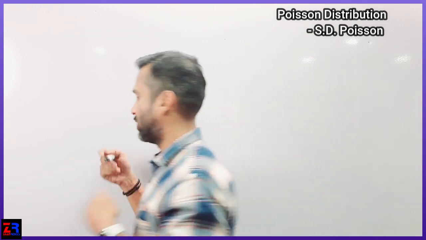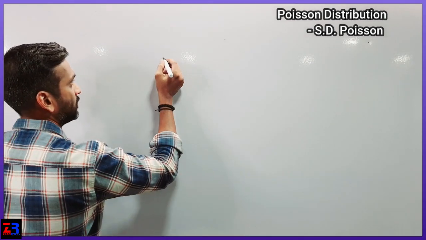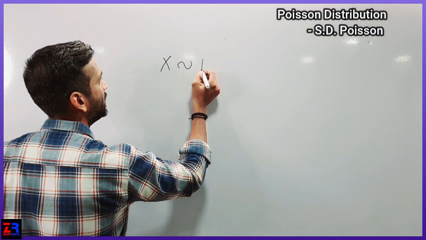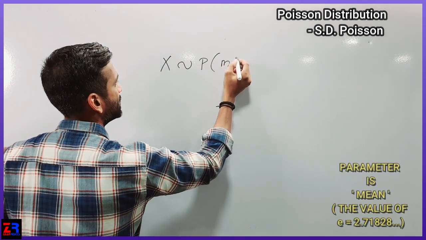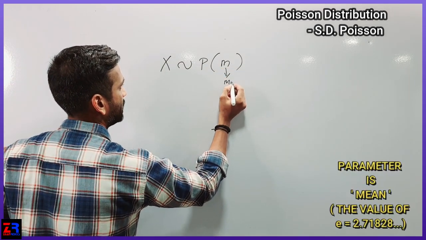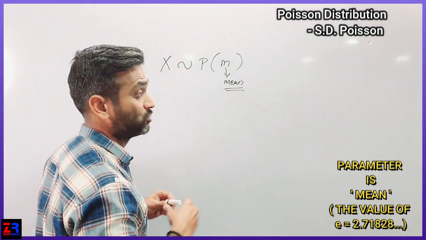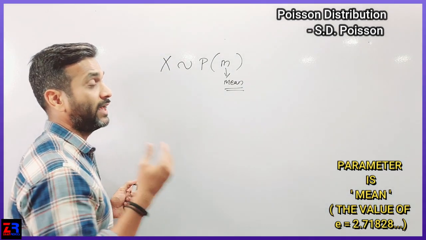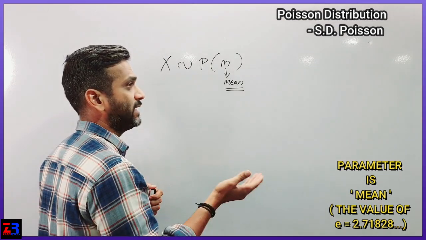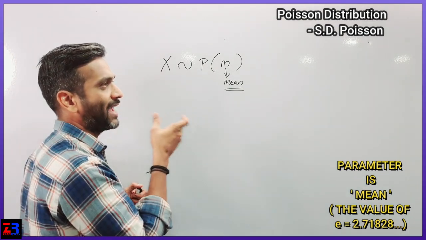The parameter of Poisson distribution is mean. Mean is the parameter. M is mean. Mean or average is the parameter. If you see binomial distribution, there the parameter is n and p. N is number of items.